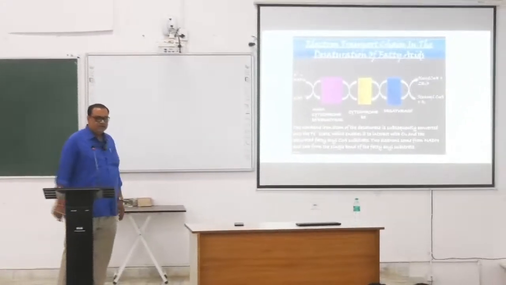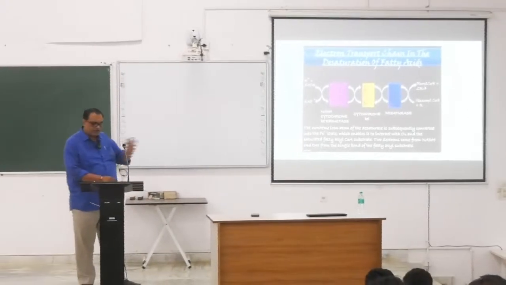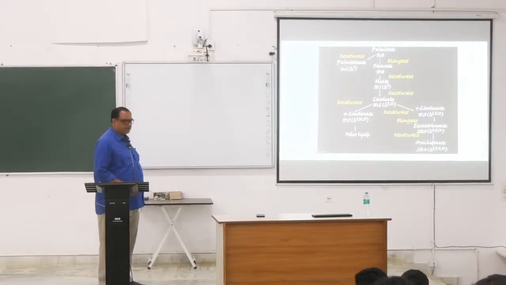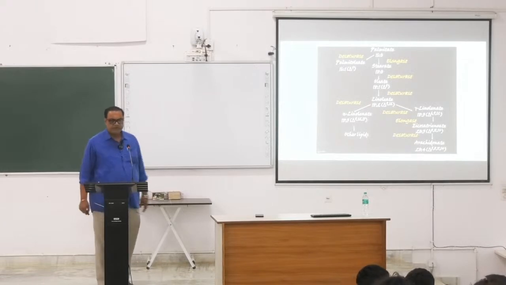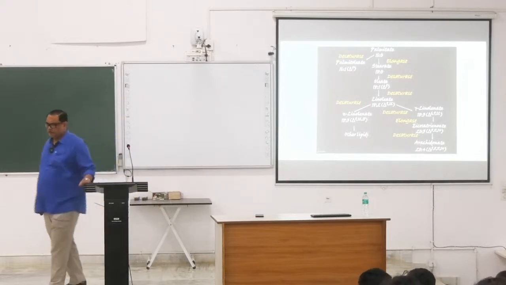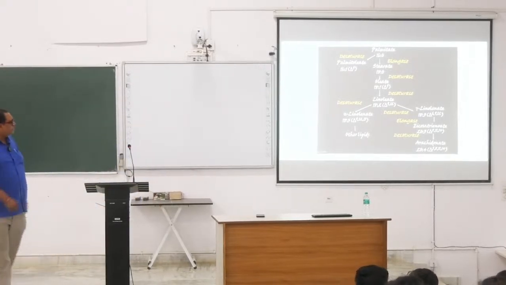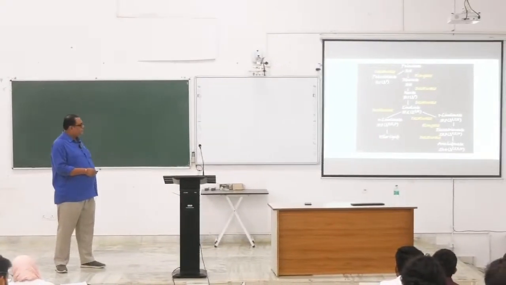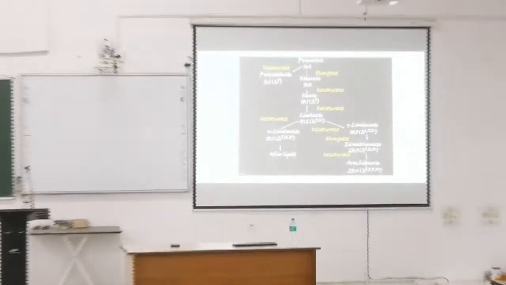This is the sequence of events taking place in the elongation and reduction, not required to remember. Do not remember. And this is the system of how it occurs. See, it starts with palmitic acid. Only desaturase is acting.